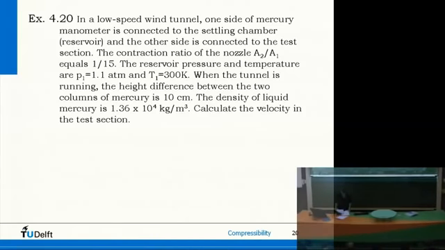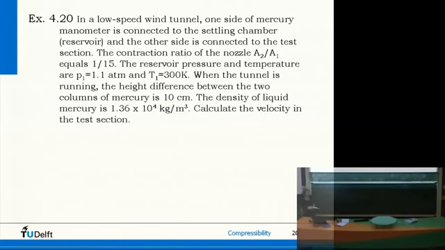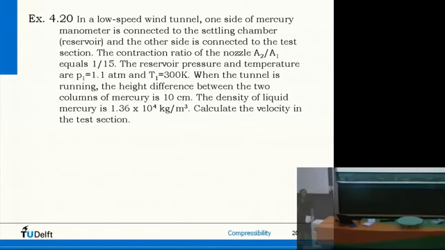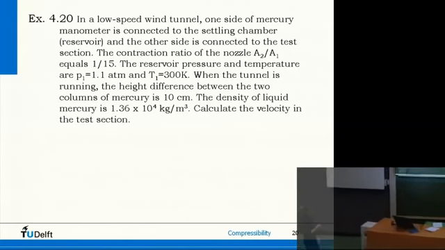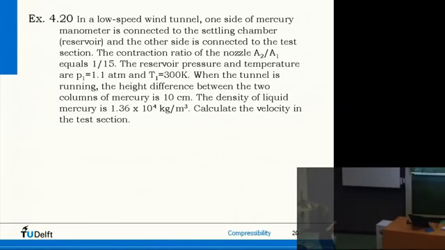and that's example 4.20. So in a low-speed wind tunnel, we put a manometer, actually a mercury manometer, and we connect it to the settling chamber, the reservoir, and the other side we connect it to the test section. The contraction ratio of the nozzle is given, 1/15, so that's the area ratio.